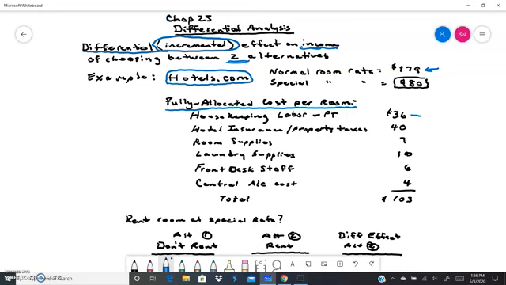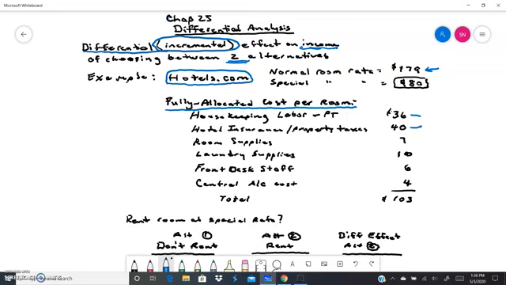The hotel insurance and property taxes that we're paying on the building and the operations is $40. Again, this is just for example purposes. Obviously, these are not all of the costs of the hotel, but we're just going to keep it simple, so we can understand how this works.